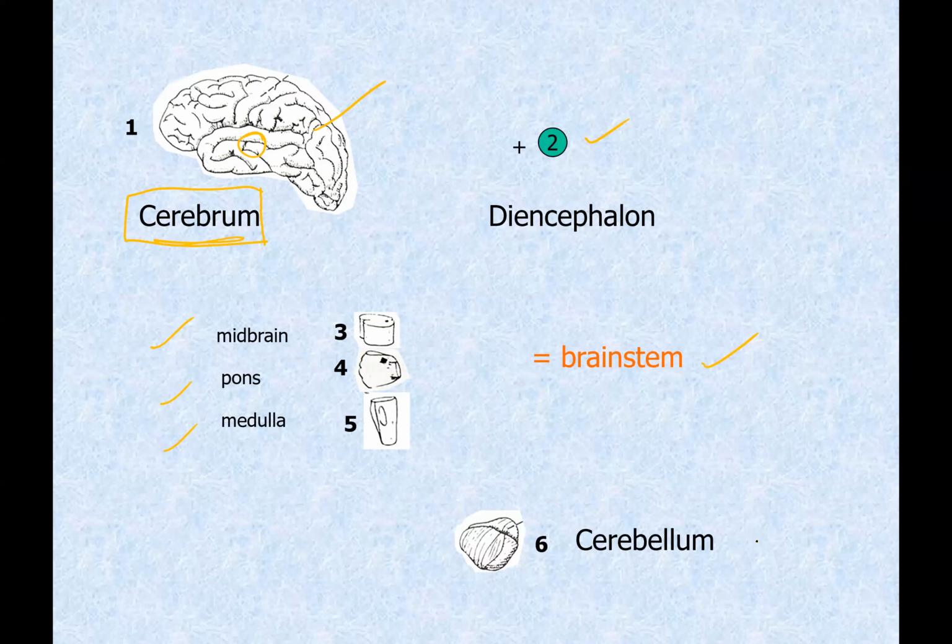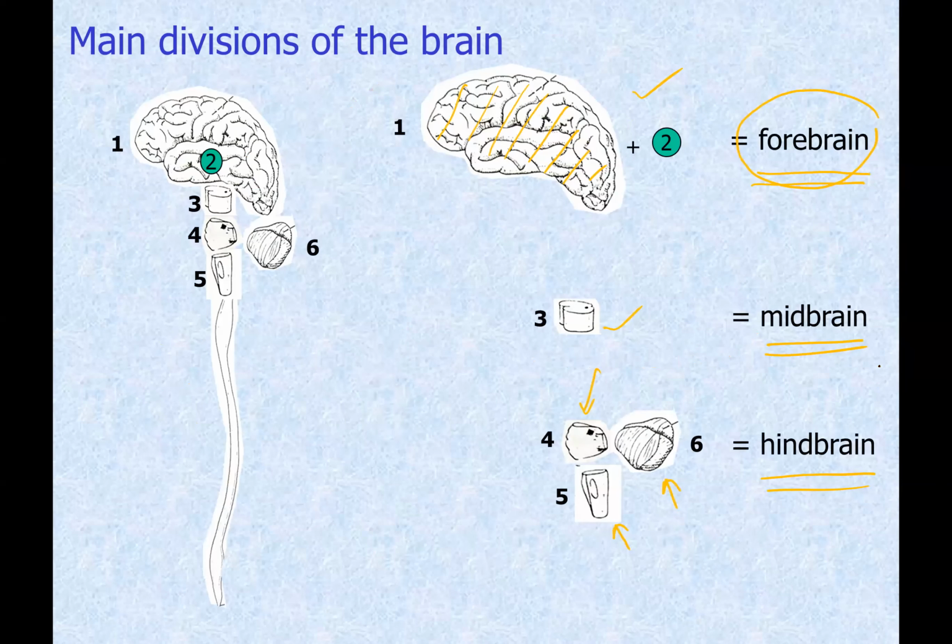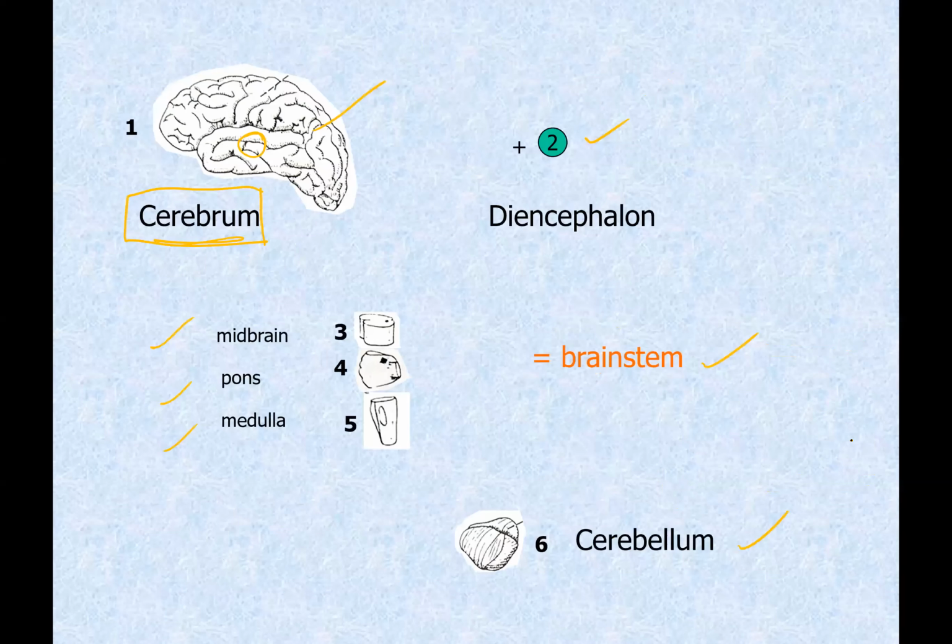And the cerebellum is taken separately in that classification. In the previous classification, cerebellum was taken under hindbrain. So in the end, you have a cerebrum, a brain stem, and a cerebellum. So 1, 2, and 3 structures.